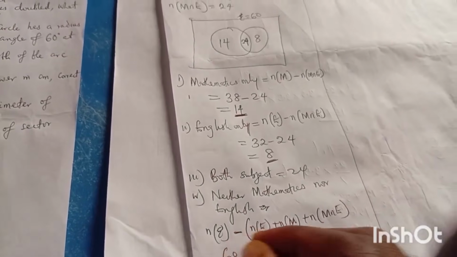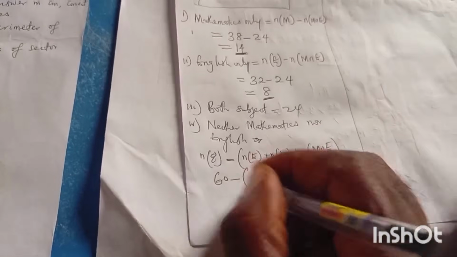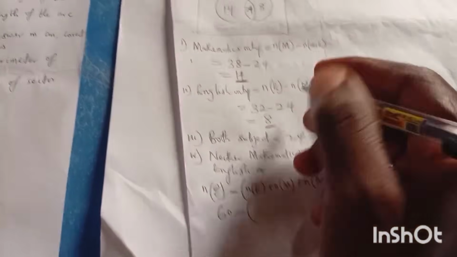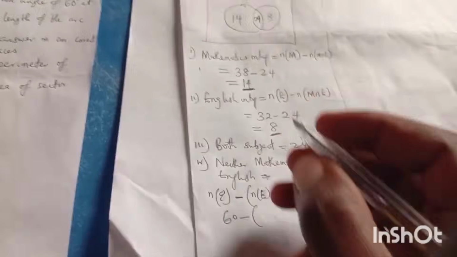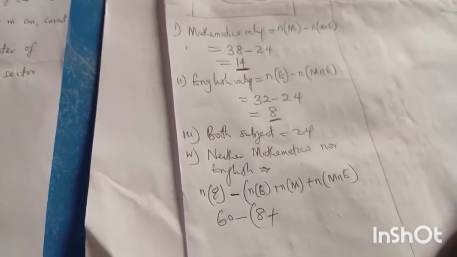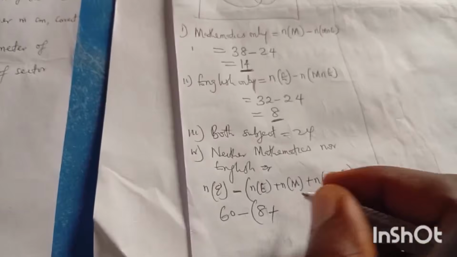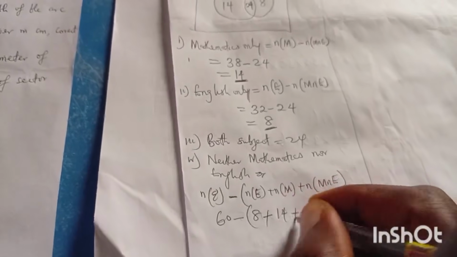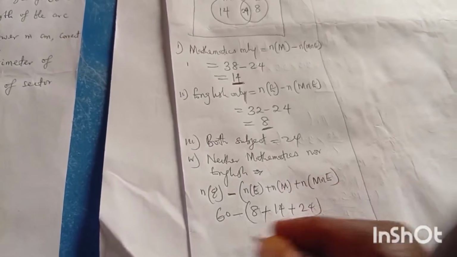Which means 60 minus the number of English only. This place is maths, this place is English. English only is 8, plus 14 plus 24.